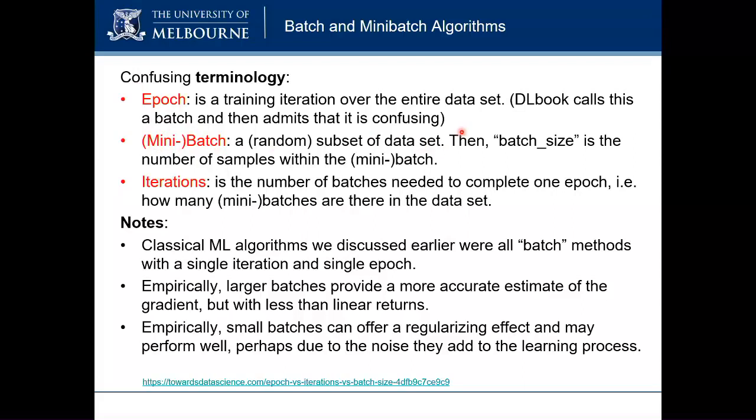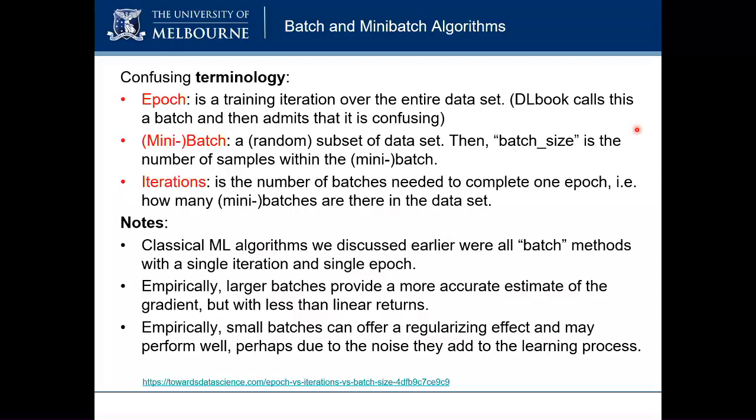I was talking about this, right? When you do the gradient estimations in your gradient methods, you don't use the entire data set, but you use a random subset of the data set. But because the entire pass is called an epoch by the community, the community calls this a batch and talks about the batch size, right? Batch size is the number of samples within this mini batch.